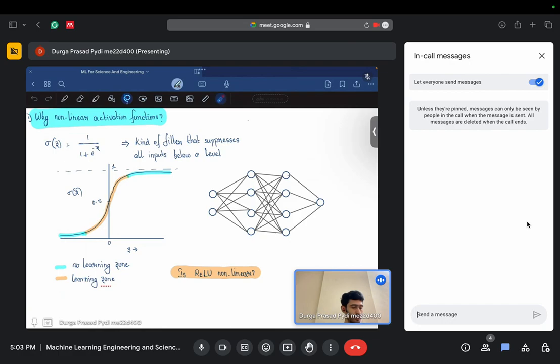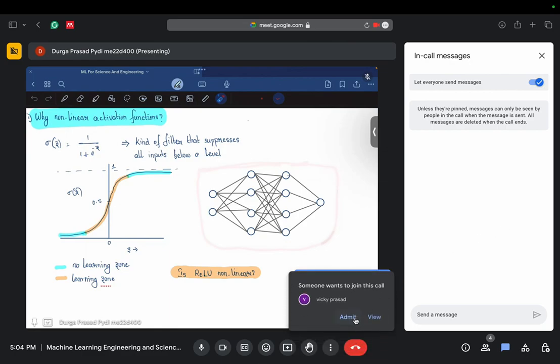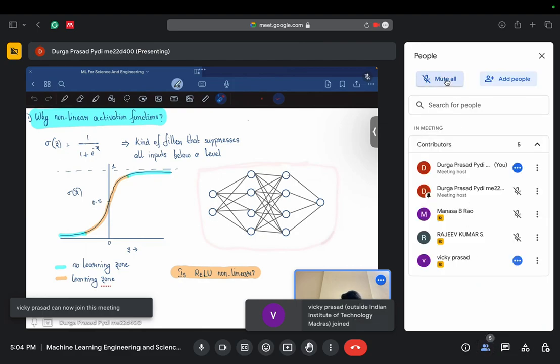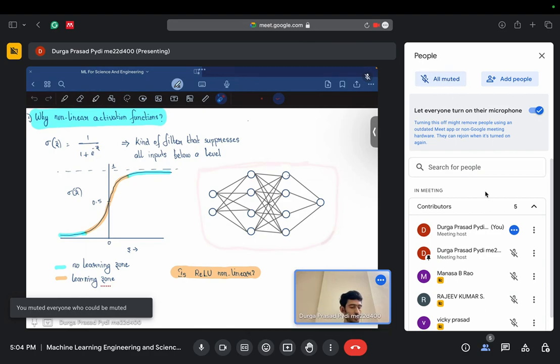I've just taken an example of a sigmoid function that you have here. It follows this particular pattern. If this is a neural network and my activation function in each of the neurons is a sigmoid or say tanh, whichever one of these nonlinear functions, then what is expected is, if you observe the pattern here, only if the values are within a certain range will the sigmoid function have a certain gradient.